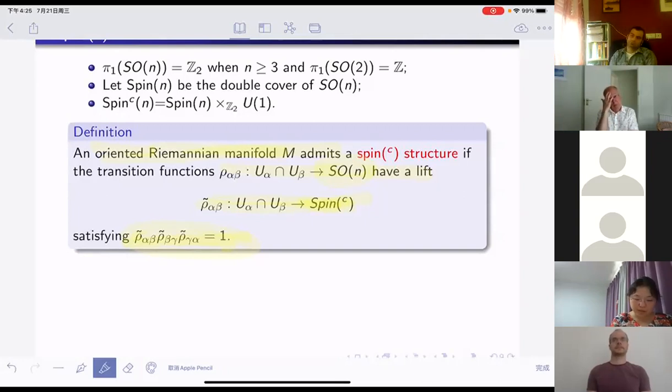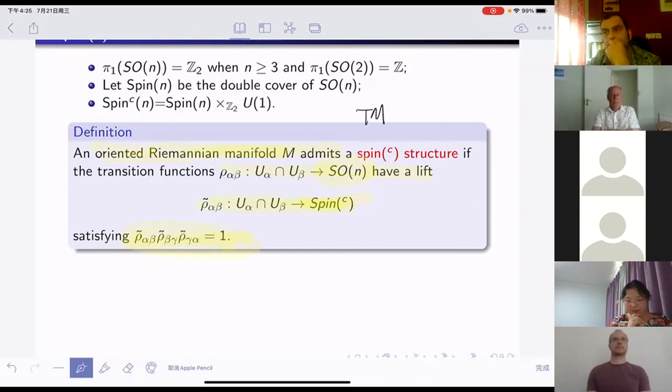That is, one can view this tangent space of M as an associated bundle of some principal SO(n) bundle. And if this principal bundle admits a double cover of some principal Spin(n) bundle, then it is said to have a spin structure. But I didn't use that equivalent definition.